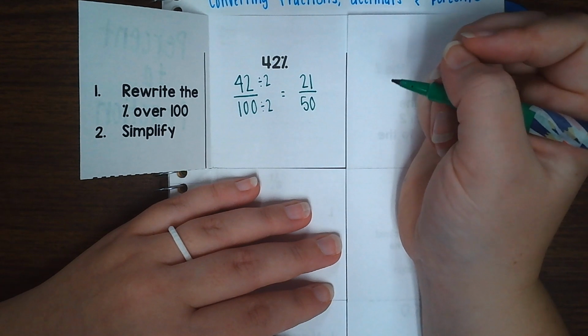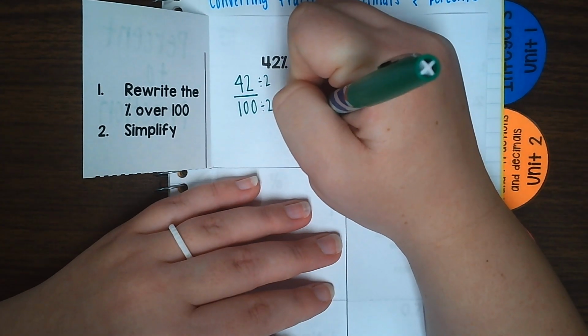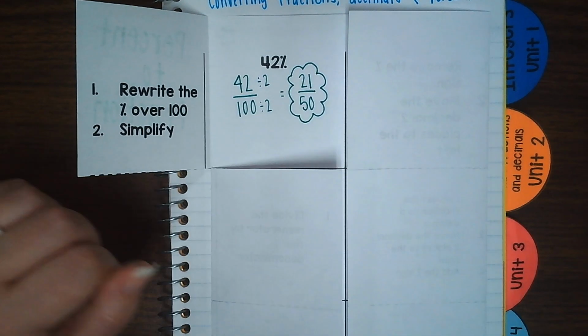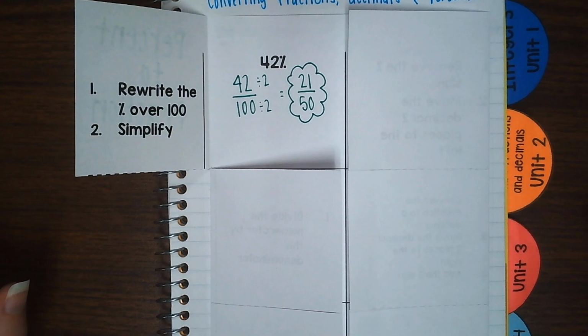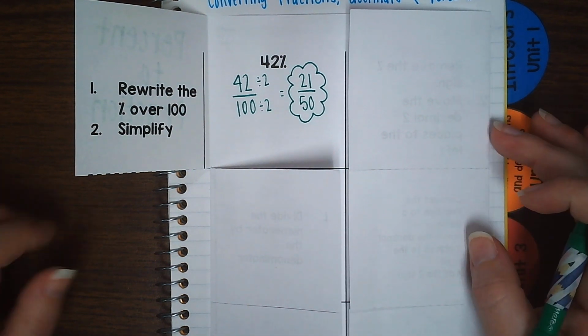These cannot be simplified anymore. So 42% is 21/50ths as a fraction.